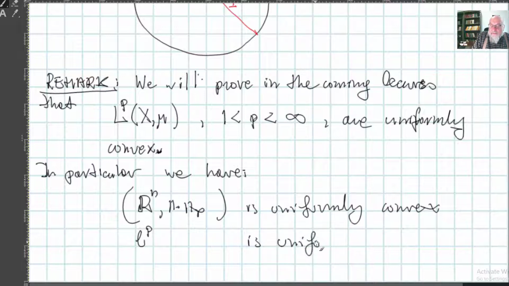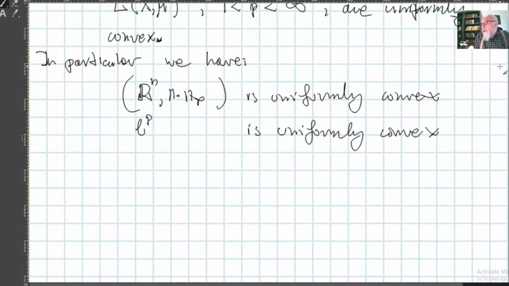And why do we need this uniform convexity? Because our goal is to prove the following statement. This is the way to show that this geometric property implies reflexivity of such a space.